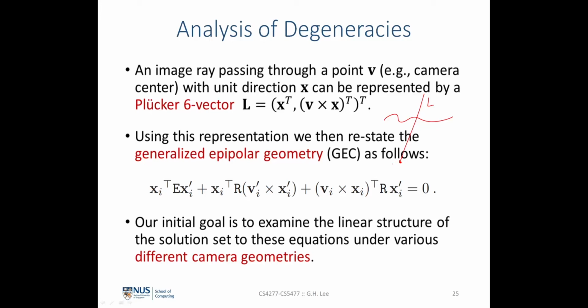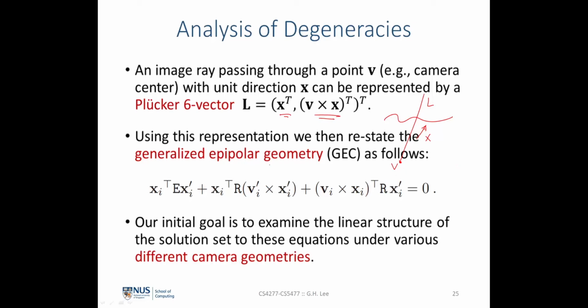So here we are going to denote this camera center, or any point on the light ray, as V. And this light ray would also have a unit direction which we denote as X. Hence we can denote the light ray as a six-vector that we have seen earlier on: X transpose, the unit vector, and a moment vector of V, which is any point on the line, cross the unit direction of the line.